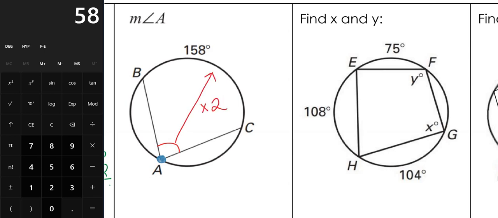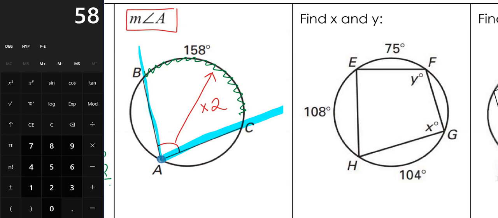But in this problem, they're looking to find the measure of angle A. You don't have it, so let's think about how we're going to get that. Notice that the two sides of angle A trap this arc in between them, so this arc of 158 degrees is directly associated with angle A.